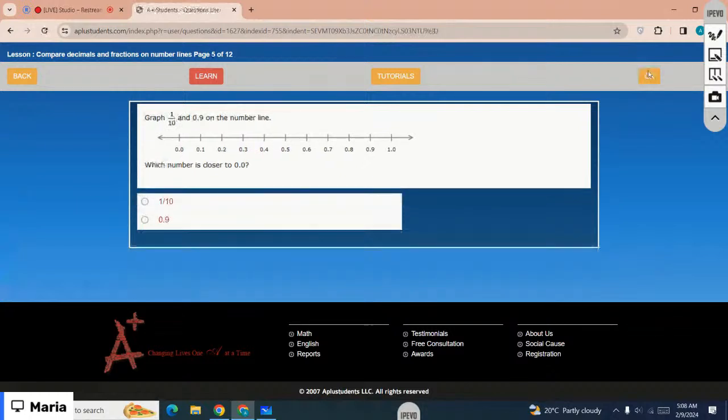Okay, graph 1 by 10 and 0.9 on the number line. So which is closer to 0? Which is the correct option?